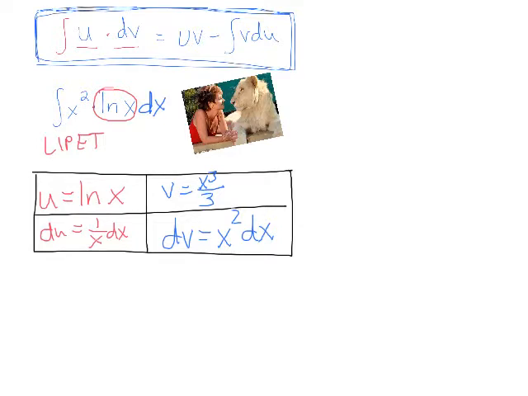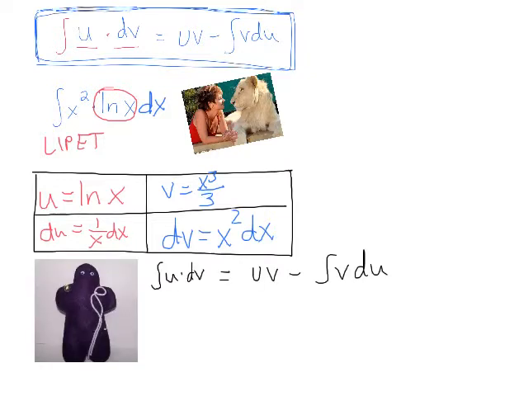And this is where we do the ultraviolet voodoo trick. The integral of u dv is equal to ultraviolet minus integral voodoo. So what is our u term? That is ln of x.